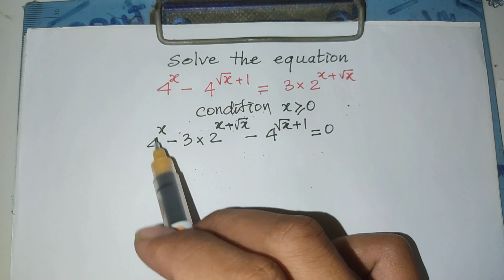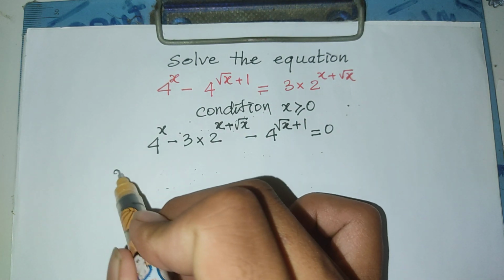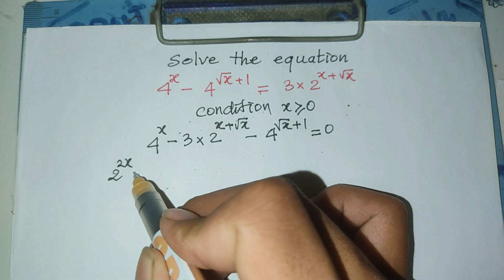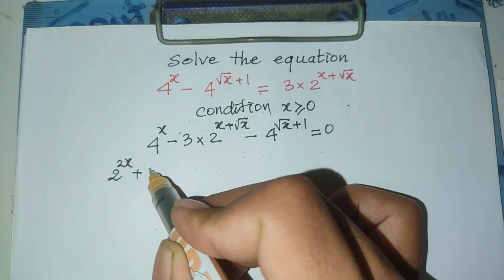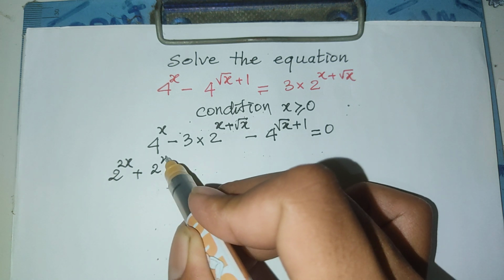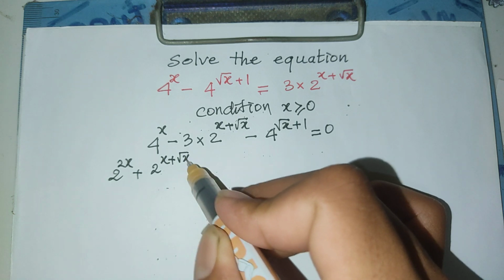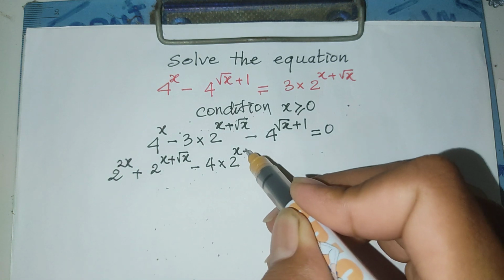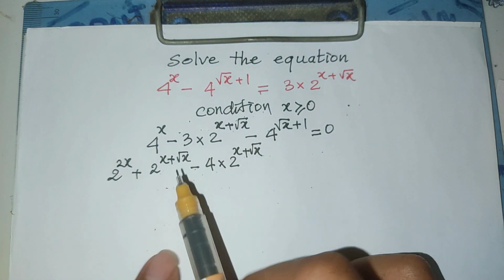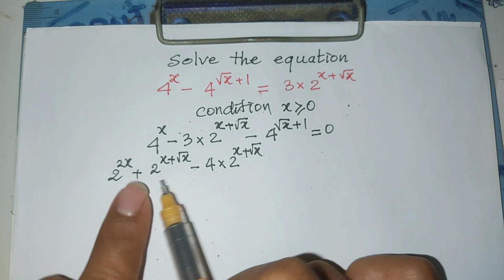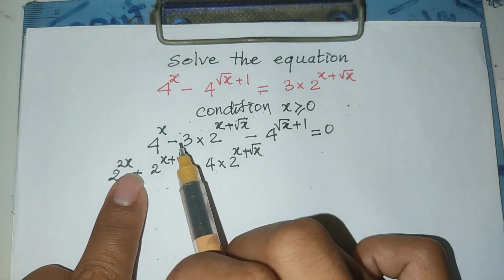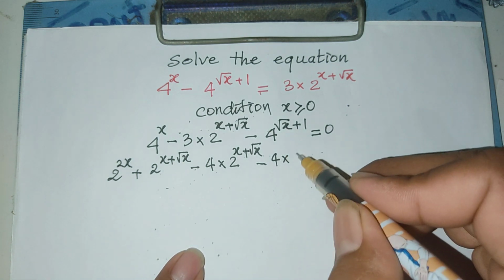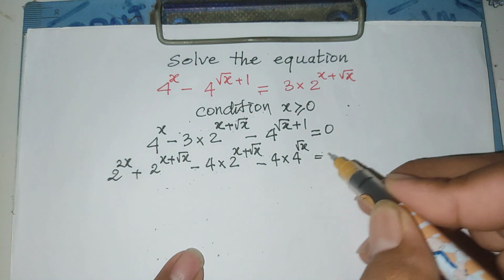And for this, I can write 2^(2x), and the next term 2^(x+√x) minus 4 multiplied by 2^(x+√x). You see this term is the same. So 1 minus 4 is minus 3. And minus this, I can write 4 multiplied by 4^√x equals 0.